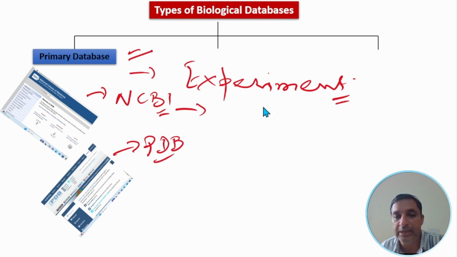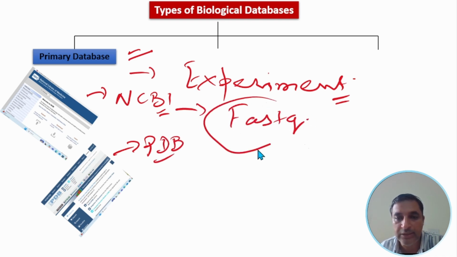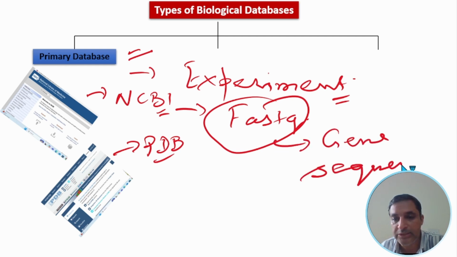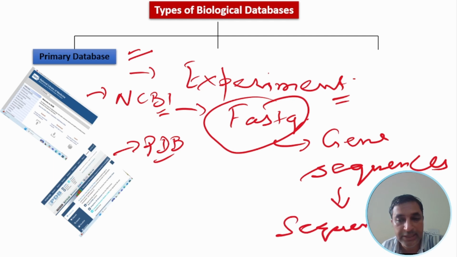Say, in NCBI, you will find FASTQ files. These FASTQ files contain gene sequences, which are acquired through sequencing of your DNA samples. DNA samples are isolated from certain sources like a cell. Raw DNA sequences which are acquired form a primary database.